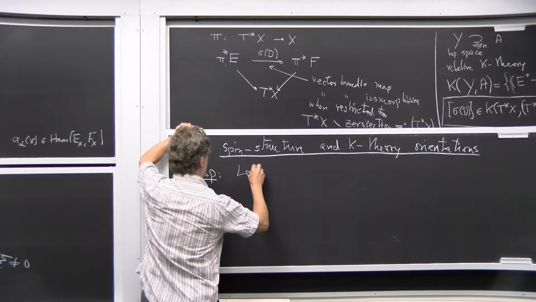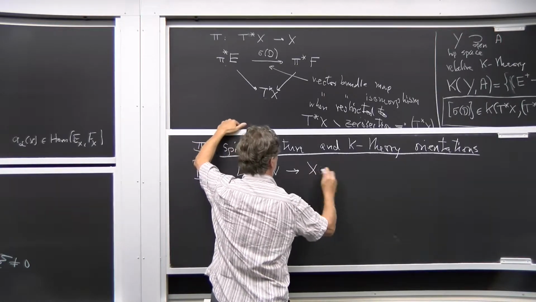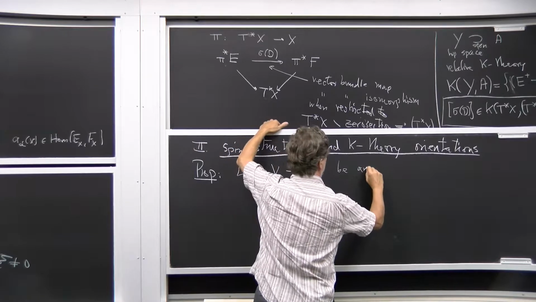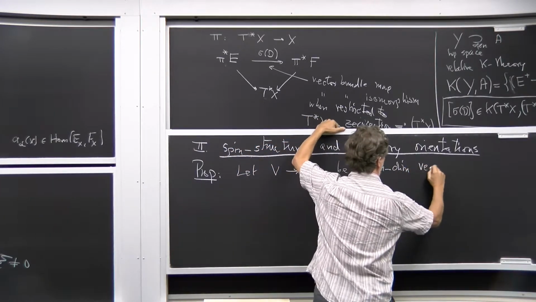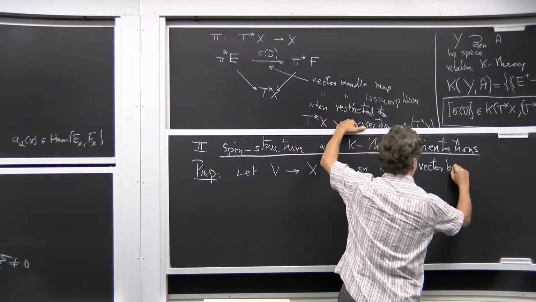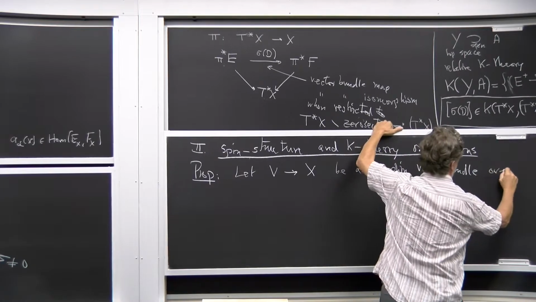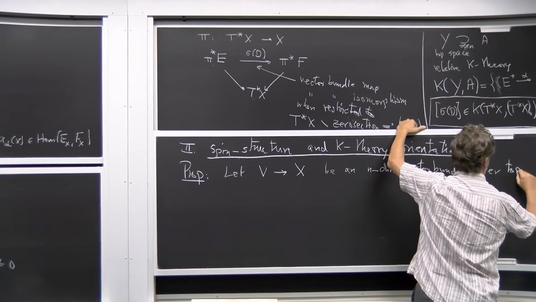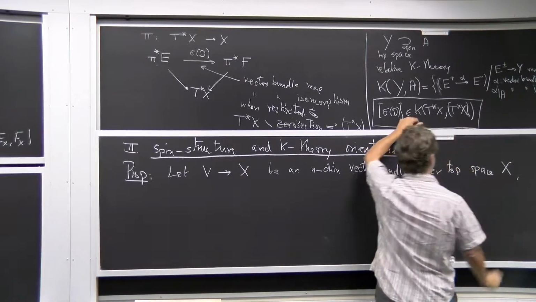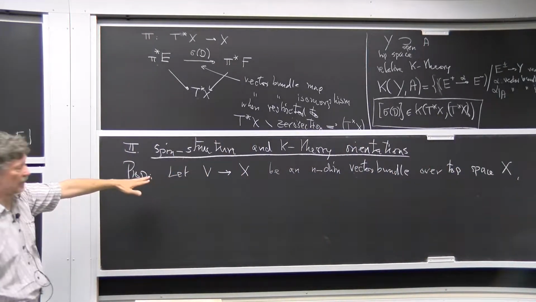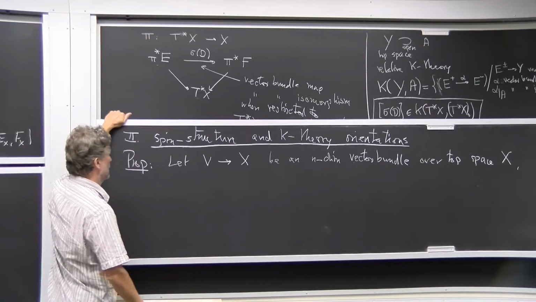So let's say let V over X be an n-dimensional real vector bundle over a topological space X. So later on, V is going to be the cotangent bundle, and X is going to be our smooth manifold.